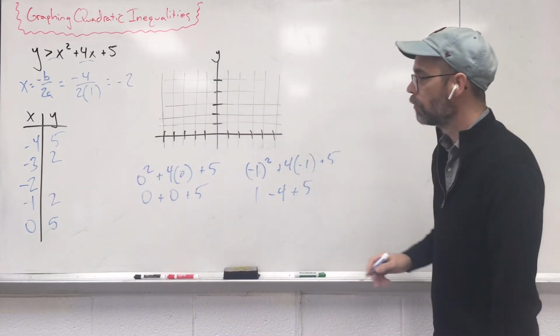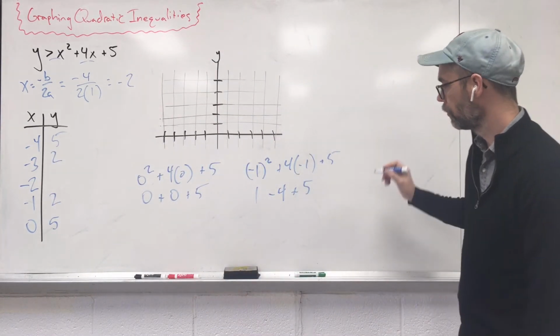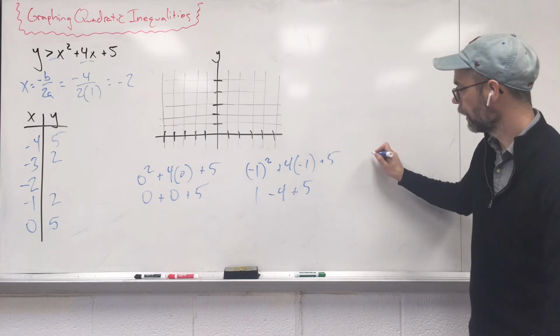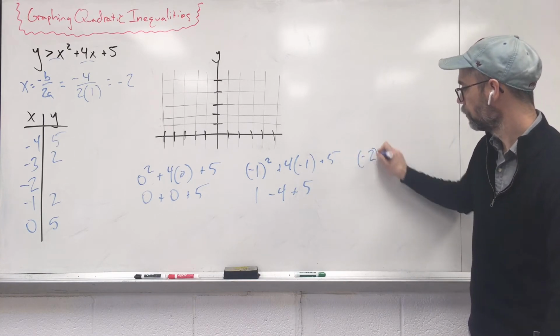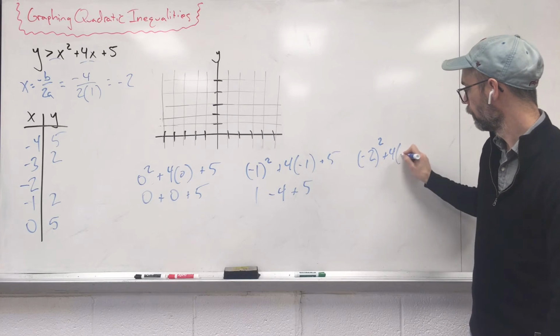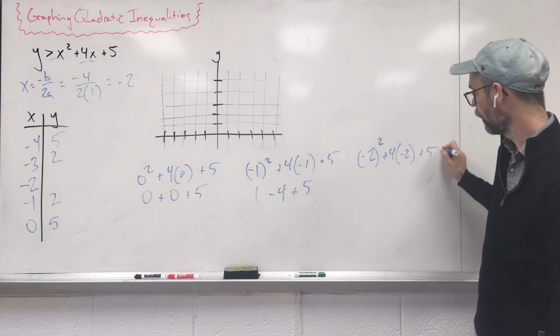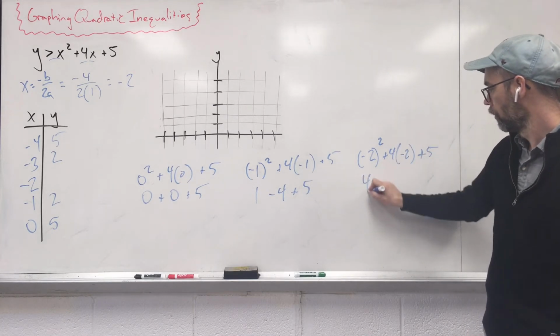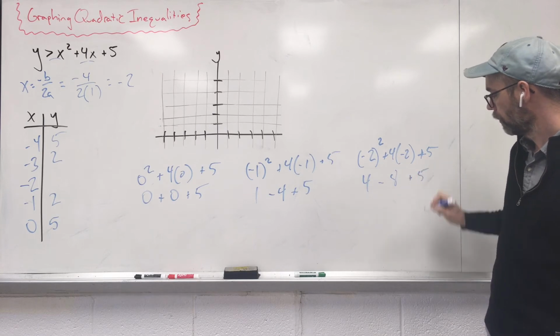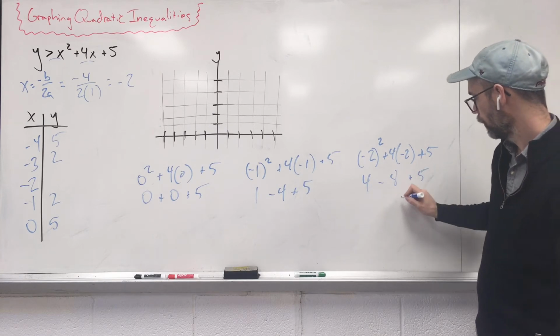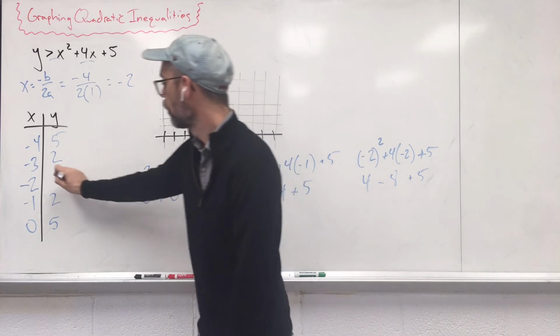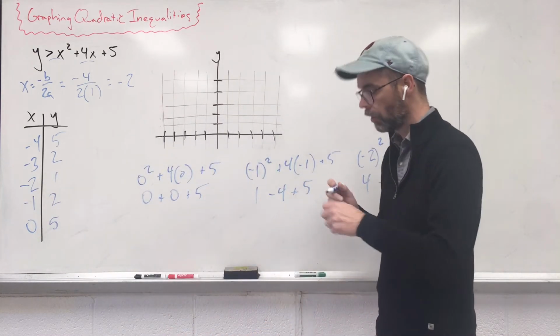And then one more, we need to plug in negative 2. So we're going to get negative 2 squared, 4 times negative 2, and 5, 4 minus 8 and 5, negative 4 and 5, giving us positive 1. Okay, so we came up with a t-chart. Great.